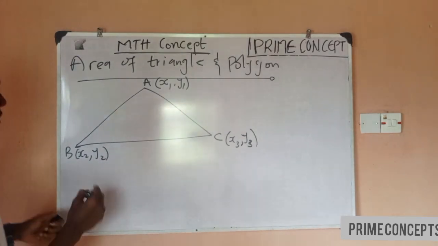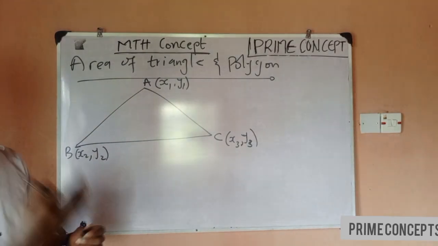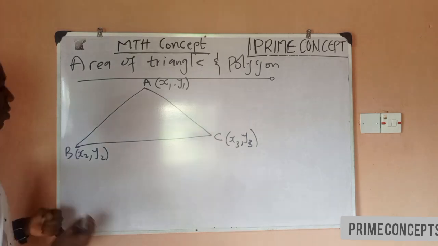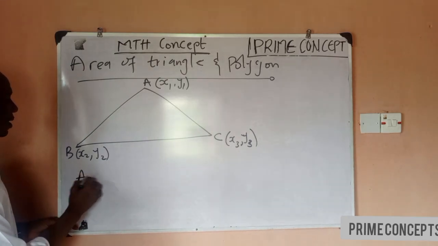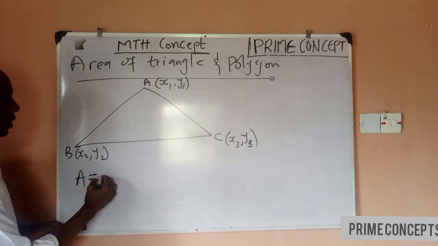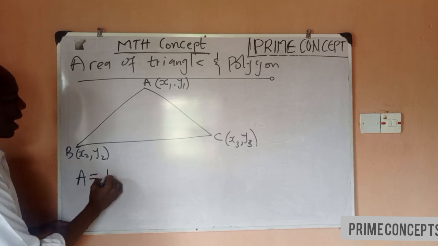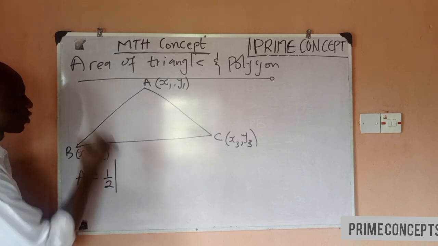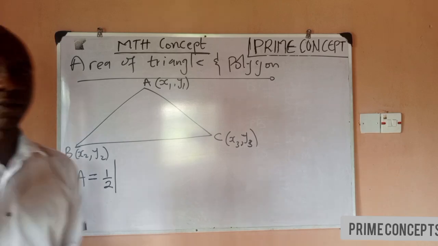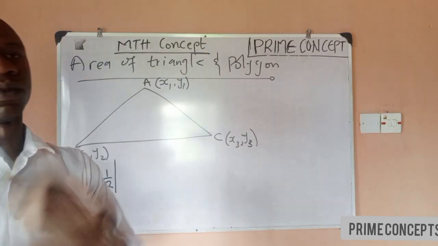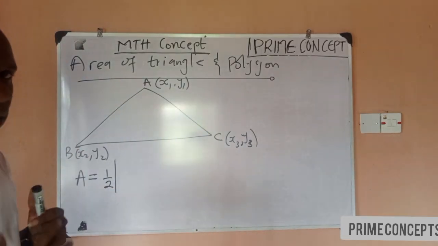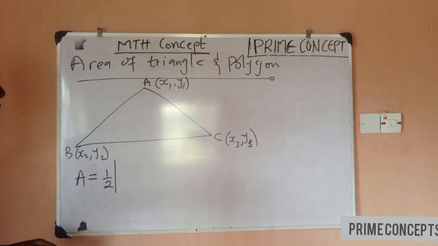What we're simply going to do, because area is always a positive quantity, so we don't want to get negative, is say the area of the triangle is half into the absolute value. Absolute value means if you get a negative answer, it makes it positive. So the area of the shape should always be a positive quantity.